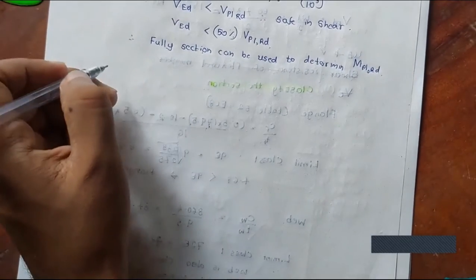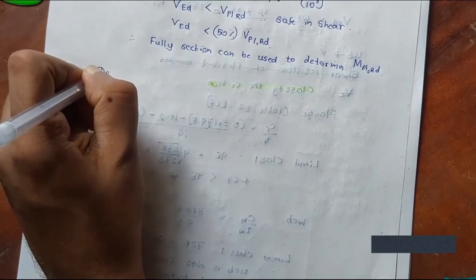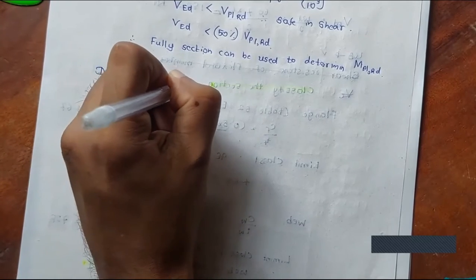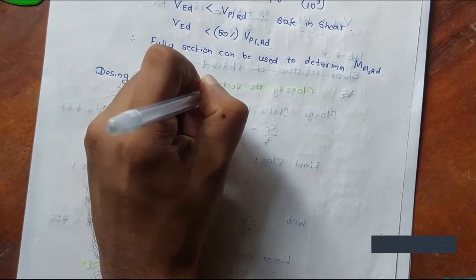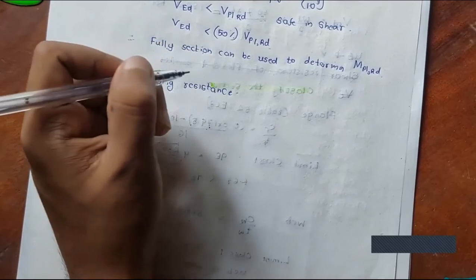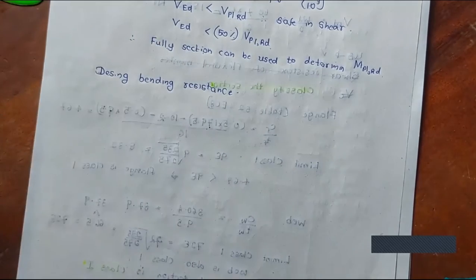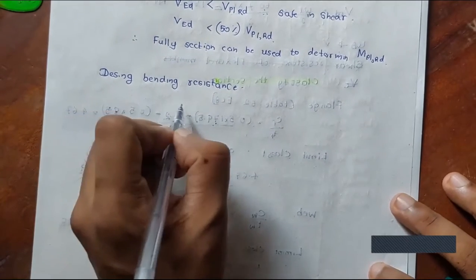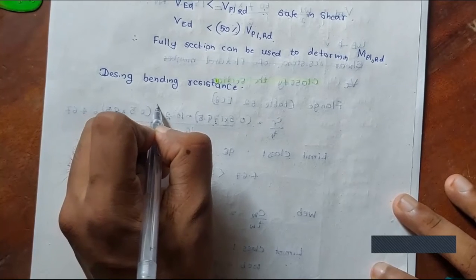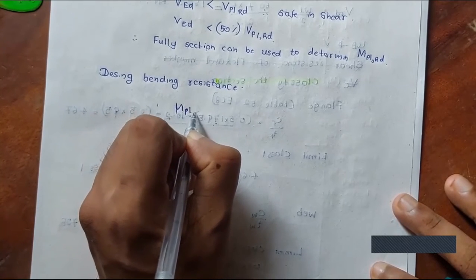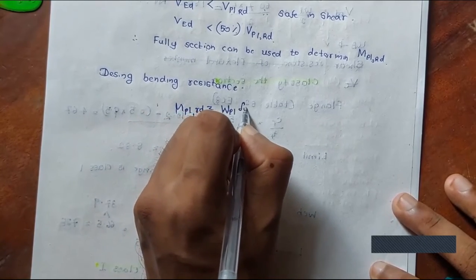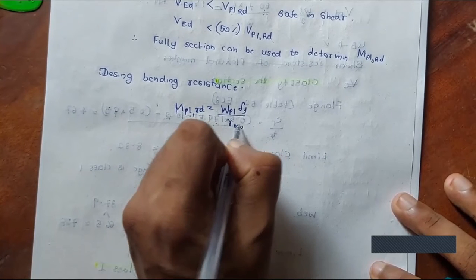So then the moment resistance, design bending resistance, right? So the design bending resistance is given by Mpl over gamma M0, so you can calculate.